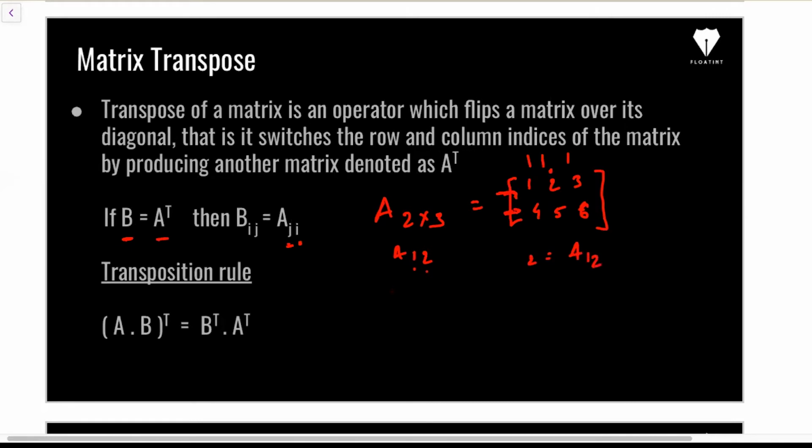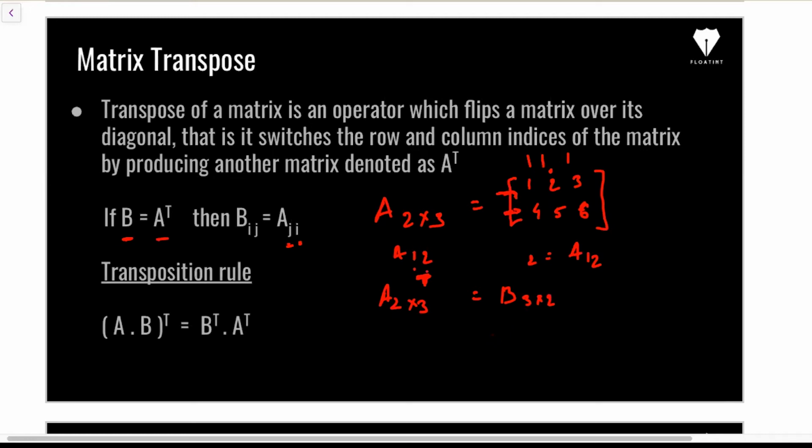Now if you transpose a 2 cross 3 matrix, how do you represent it? You write T as a superscript on the top. So A, 2 cross 3, if you transpose it, then what will it be? It will give you a resultant, B let's say, and it will become 3 cross 2.